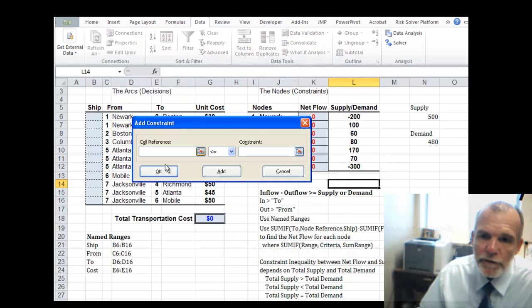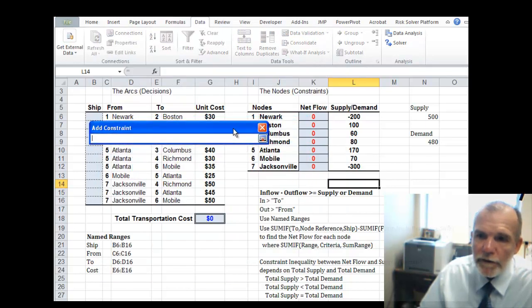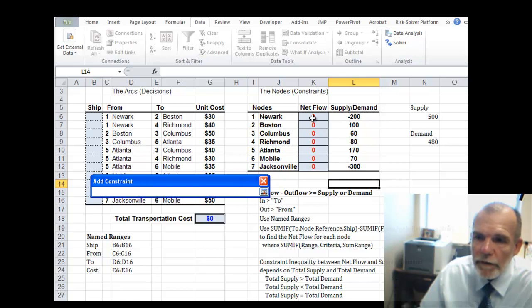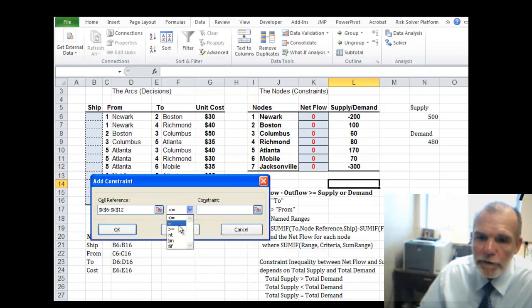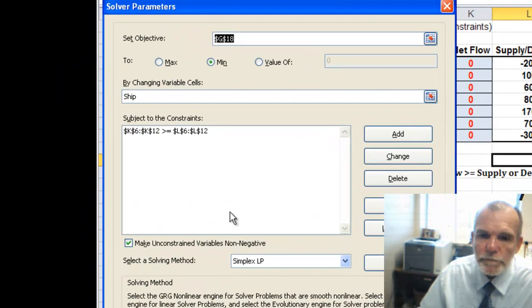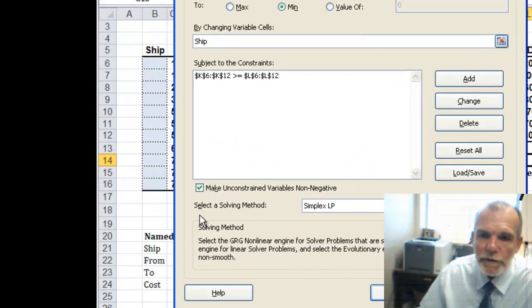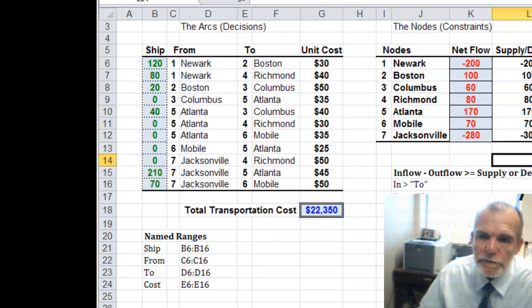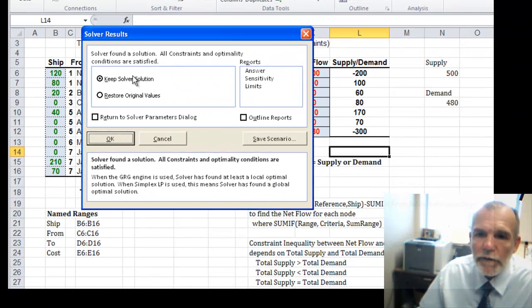And then our constraint is that this net flow range needs to be greater than or equal to our supply demand range. We want our variables to be unconstrained variables non-negative. Use the simplex method. Now click on Solve, and we get: Solver found a solution.